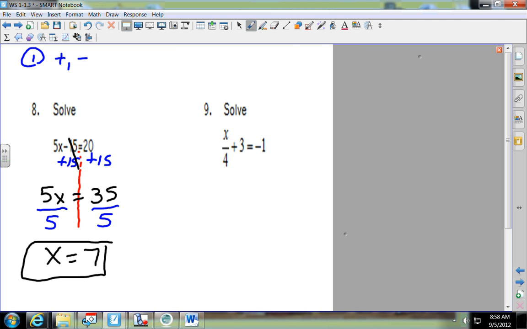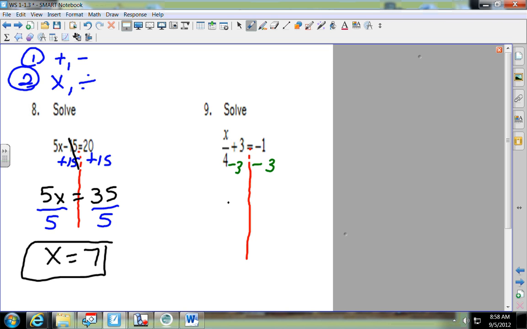Next one. Pause the video and come back and see how you do. I'm sorry, I should have put up here the second step is multiply or divide. Okay, so right here, drawing my dotted line. I'm going to subtract 3 from each side because you have to do addition and subtraction first.